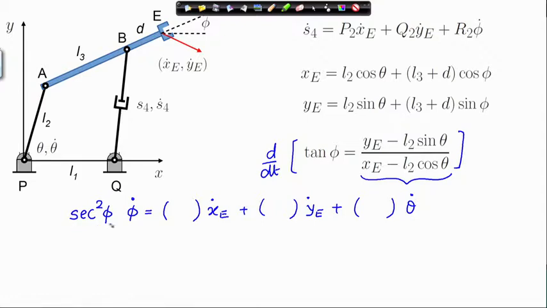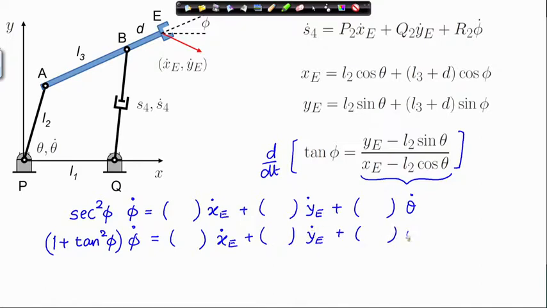Now, secant square phi can again be written in terms of tangent phi. So, I have this relation. Tangent phi is already known in terms of x e, y e and theta.